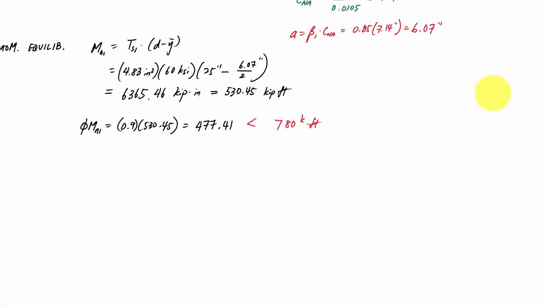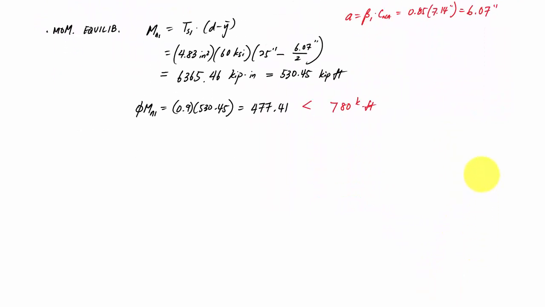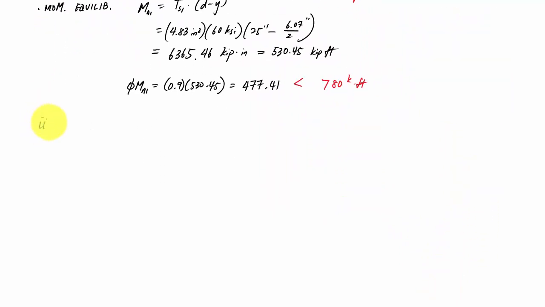Okay, all right. So first, 1, 2, I'll call it 3, additional moment capacity needed, and that'll be Mn2. What is Mn2?